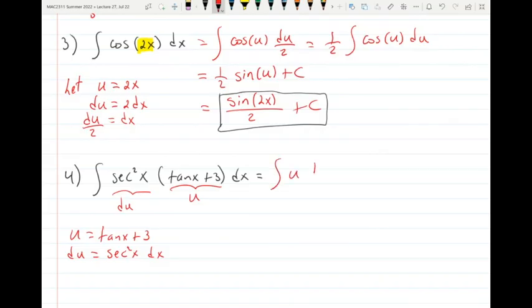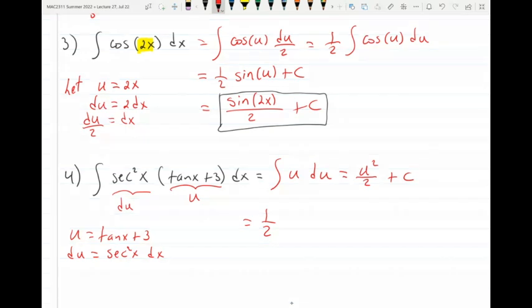So this integral becomes the integral of u du. Because again, the parenthesis is just the variable u, and then the secant squared dx becomes du. Now you know that this is u squared over 2 plus c, and then we put back what u is equal to, which is tangent of x plus 3. So this is 1/2 times tangent of x plus 3 squared.